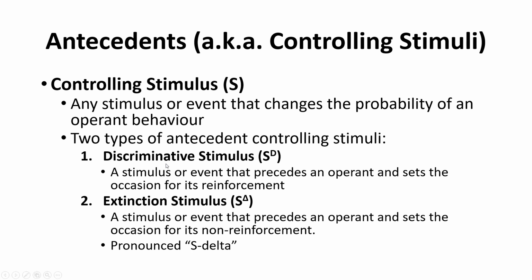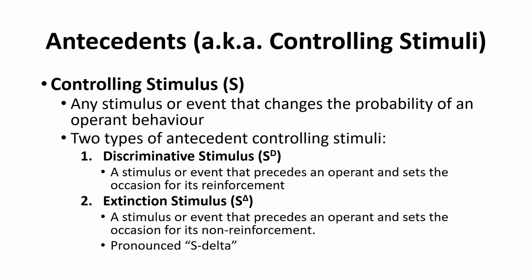So the first is a discriminative stimulus, shortened to SD. So a discriminative stimulus is a stimulus or event that precedes an operant and sets the occasion for its reinforcement. We can also talk about setting the occasion for its punishment here. We will be doing so later on. Just when we're getting used to the terms at the beginning, we're going to focus on the reinforcement side of things because that's a little bit easier to visualize.